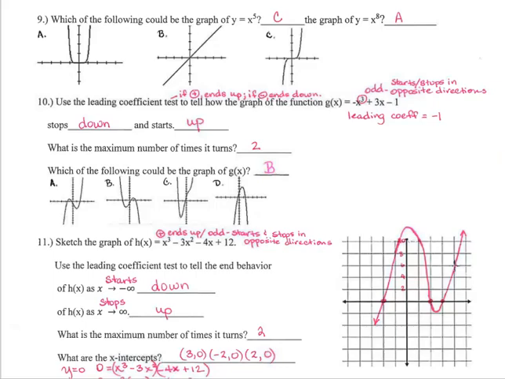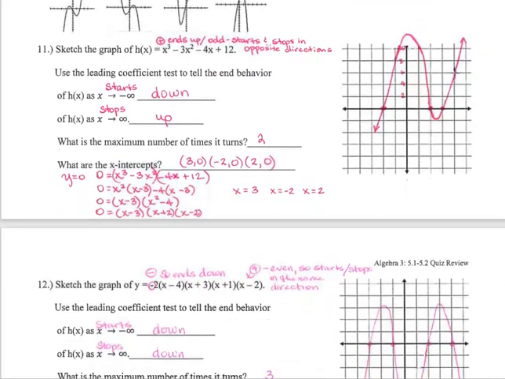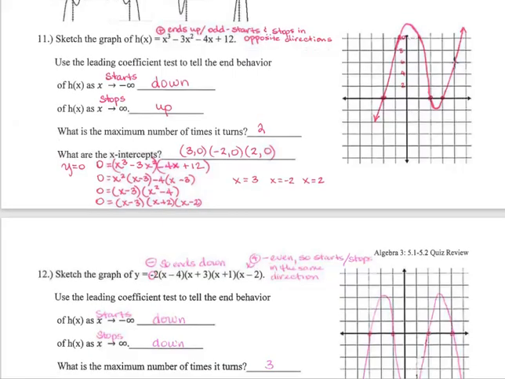All right, then for number 11, sketch the graph of this cubic. Again, remember your leading coefficient tells you how it ends. Our leading coefficient is a positive 1. So if its leading coefficient is positive, it's going to end going up, and if it's negative, it ends going down. Since this degree is odd, it's going to start and stop in opposite directions.